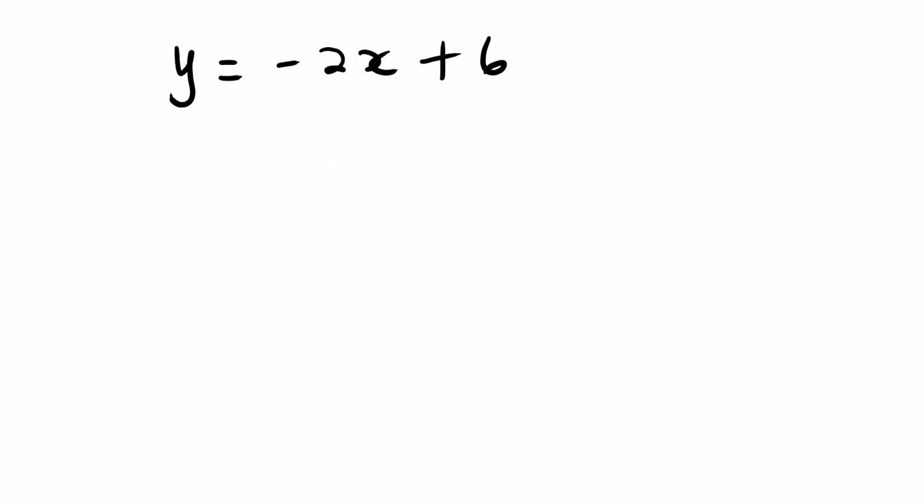Suppose you are given this function and the question says sketch the graph or draw the graph on a Cartesian plane and clearly show all the x and y intercepts. Now what you need to know is that when you are given the function, before you can draw the graph, you need to do two things. The first one, you solve for x, whereby you let y be 0.